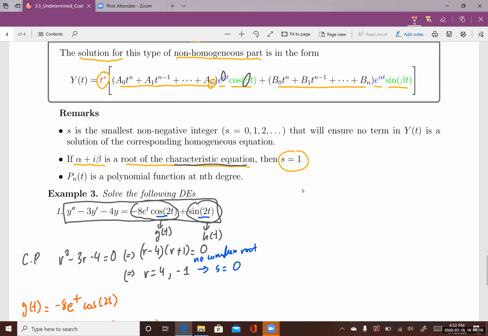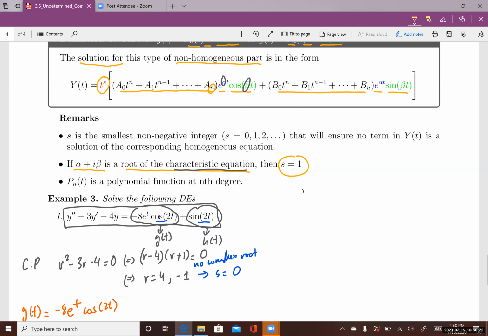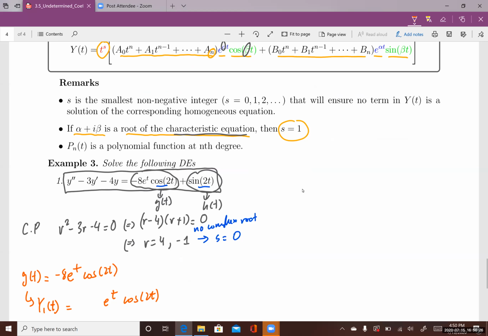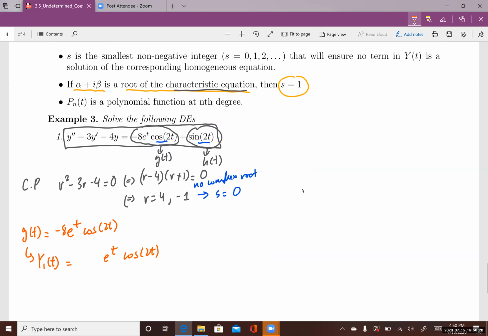And t to the s, with s equals 0, is going to be gone, and you still have the polynomial function. In this case, the polynomial function is actually just negative one, a polynomial function with degree 0. So then you just need to have a0 here.